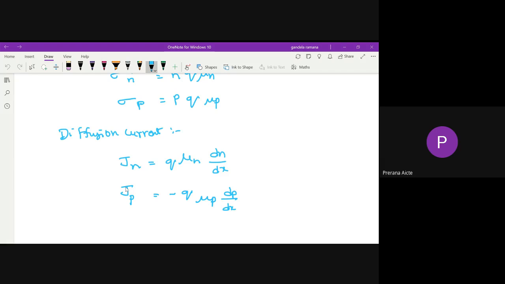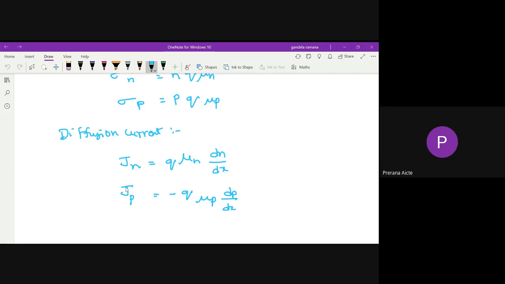So in a semiconductor there are two types of currents: drift current and diffusion current. Drift current flows when an external battery is connected, called a potential gradient. Diffusion current is the migration of charge carriers from higher concentration to lower concentration.